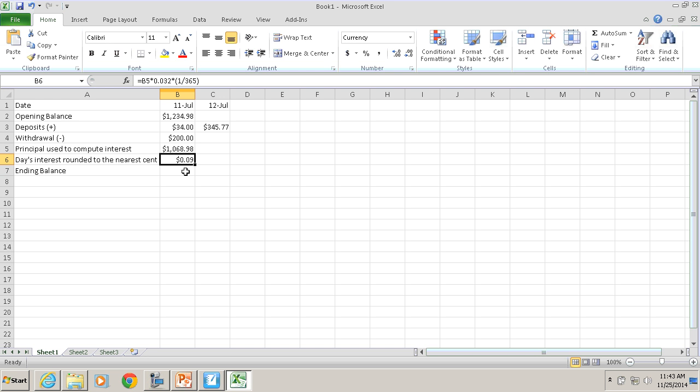So that's how much interest was earned. So the ending balance now, this is going to equal the principal plus the new interest. That's our ending balance, which is what our opening balance is going to be for the next day.